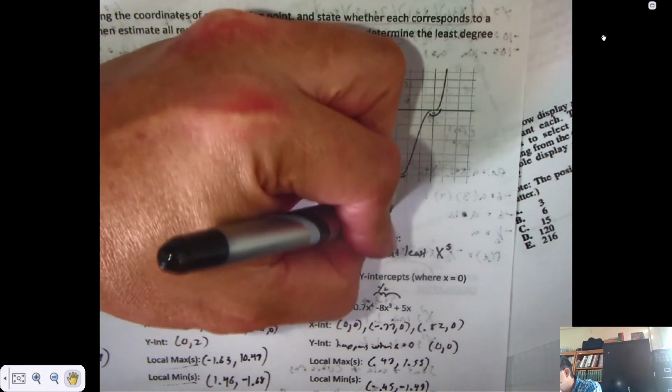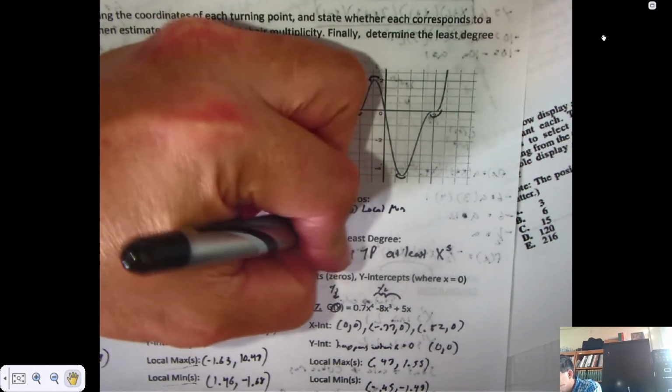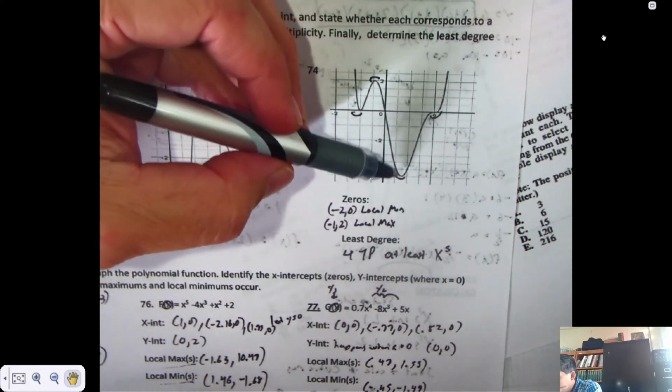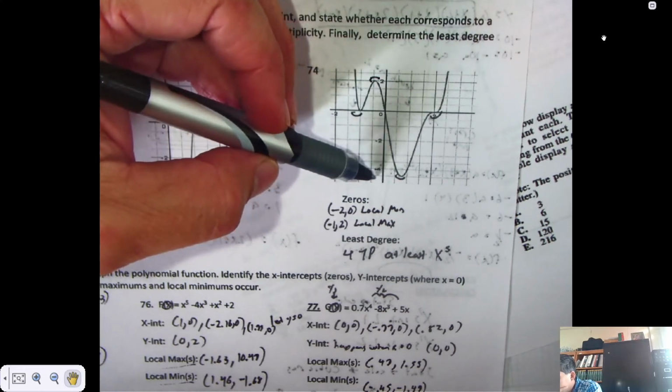Also happens to be a 0. It's a local min. There's one up here, it's about 1, negative 1, 2, which is a local max. Here's a minimum down here. I would say it's at roughly 3/2, negative.